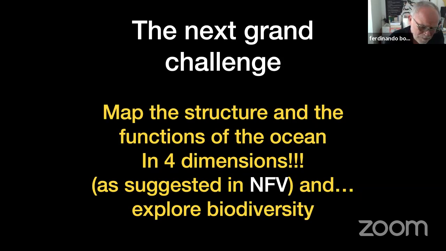Now, think about models. The models of meteorology that lead to weather predictions are beautiful models, very complex. And we succeed in predicting the weather within 3 or 4 days.